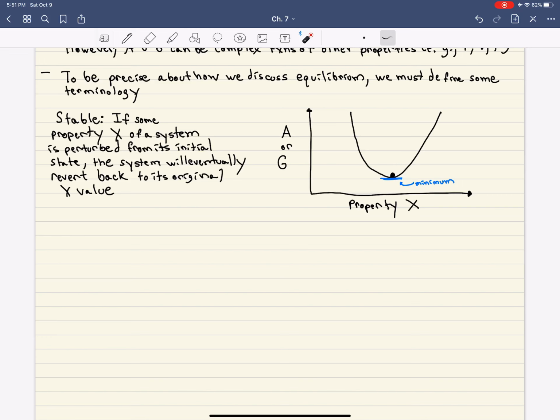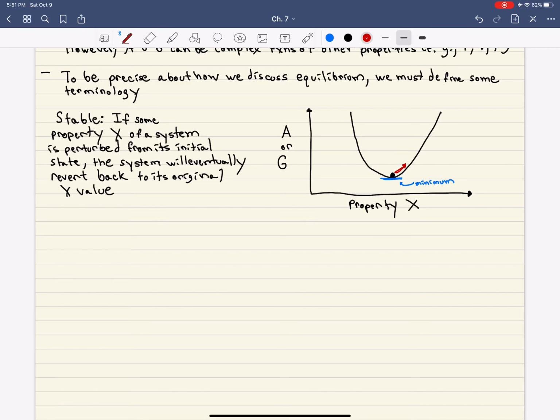And so by doing that, you would move the system to a higher free energy state. So its free energy would increase away from the minimum. So you applied a force on this gas and you raised its free energy. But then let's say after you quickly apply that force, you then let go, and you remove that force.